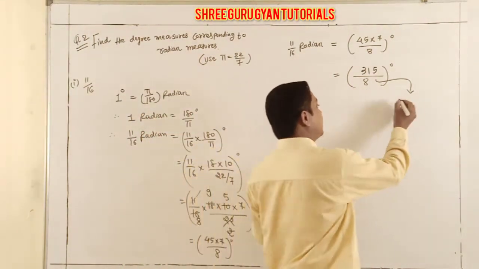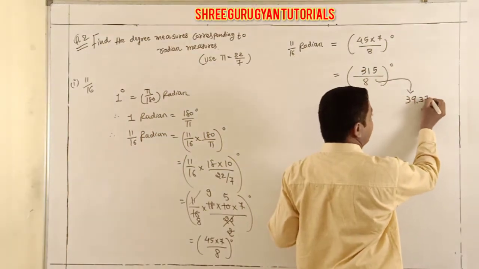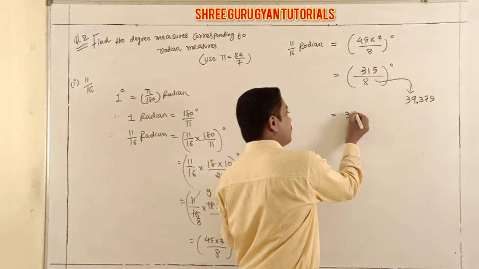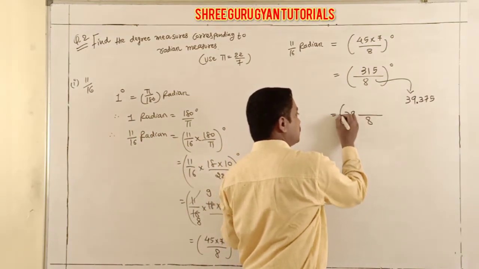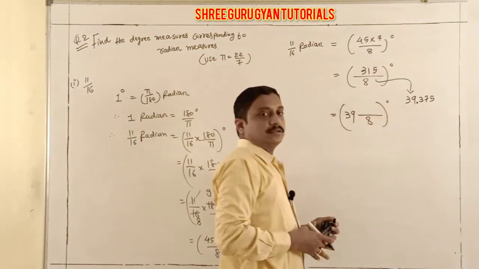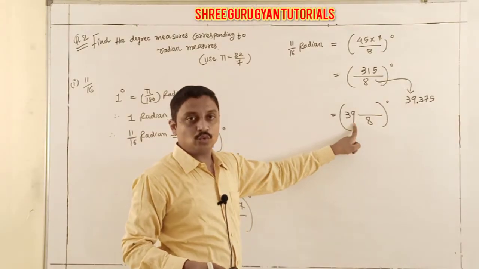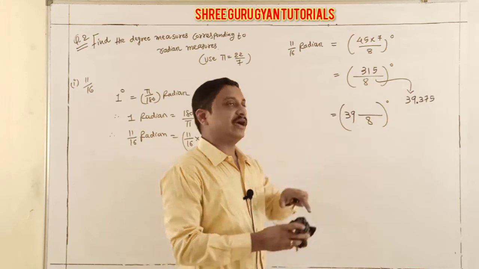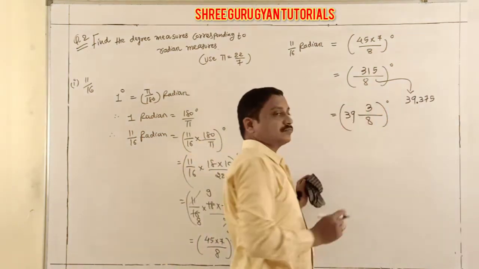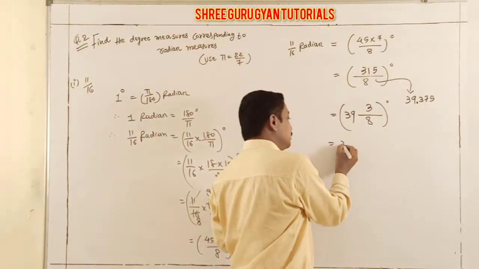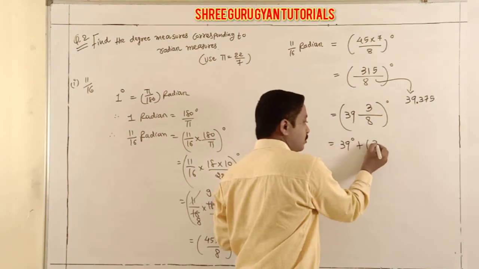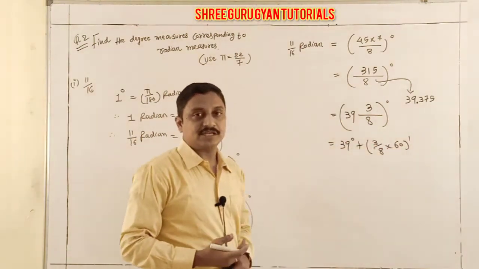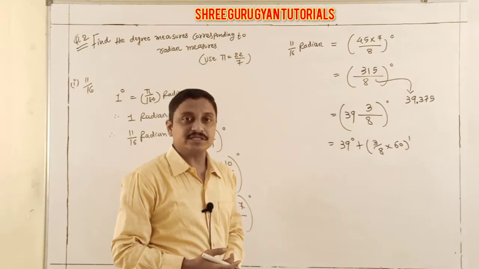I think it is 39.375 approximately. Yes? So I am taking here 39, and the degree is the same. Now 8 times 39 is 312, and here 3 is left over. The other value is 39 degree and 3 by 8 into 60 minutes. Yes, 3 by 8 into 60 minutes.